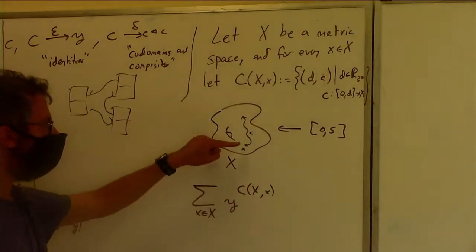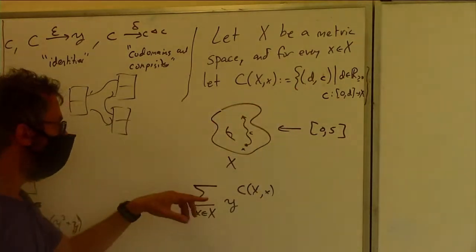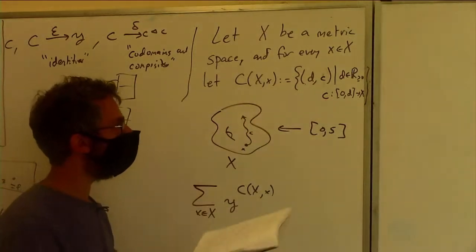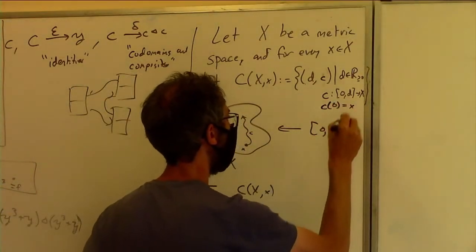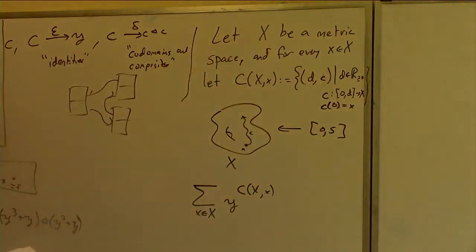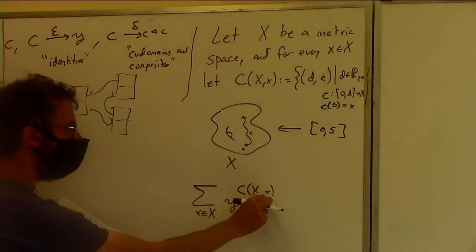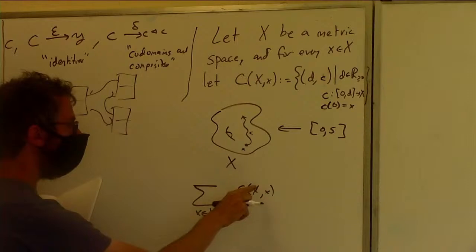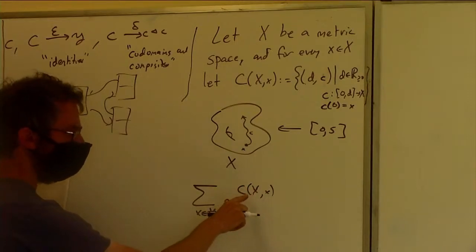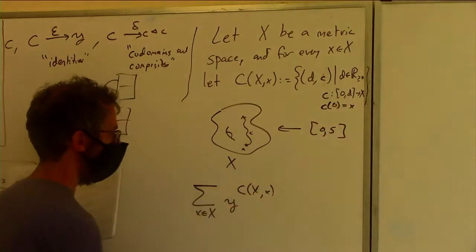The identity is the curve where d is 0, and there's a unique one: c from [0,d] to X such that c of 0 equals little x. So we take the identity to be the curve of length 0, of which there's only one. And then we take the codomain to be wherever the curve ended.